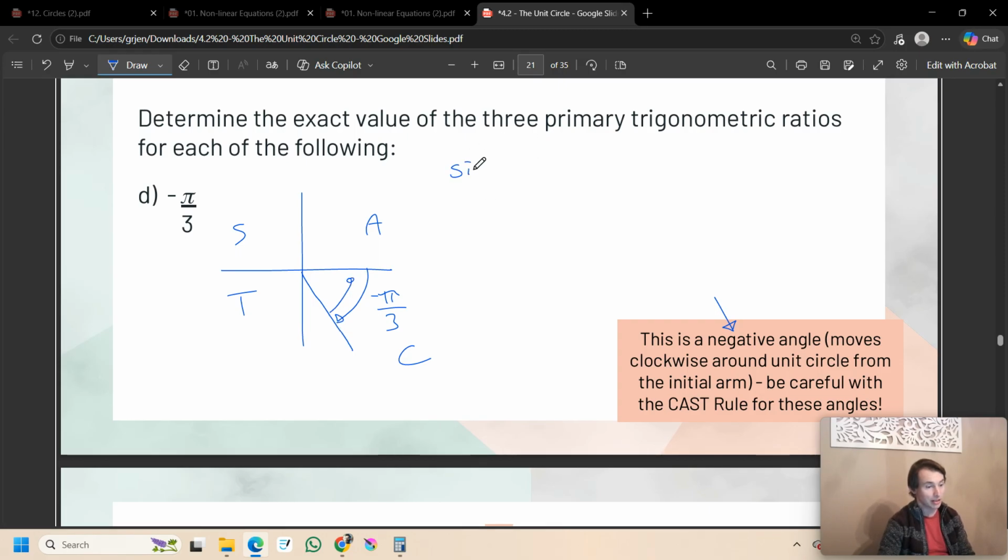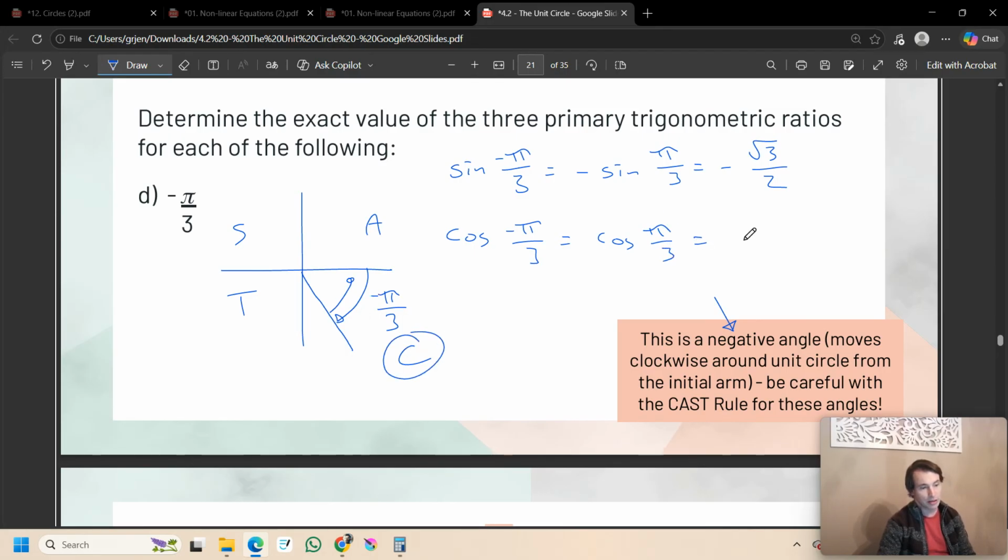So we have sine negative pi on 3 is equal to negative sine pi on 3, which is to say negative root 3 on 2. Cosine of negative pi on 3 is equal to cosine pi on 3 because, hey, cosine is positive, and that's equal to 1/2. And tan negative pi on 3 is equal to negative tan of pi on 3.